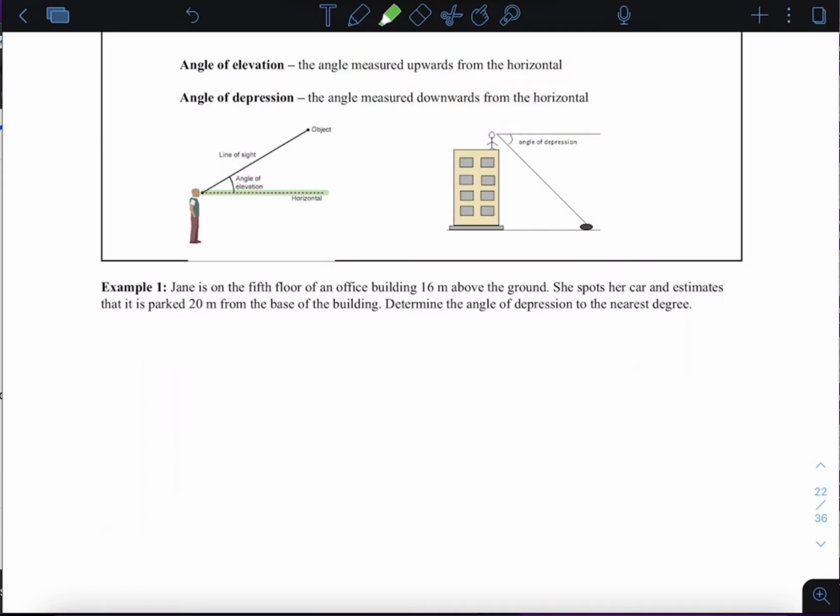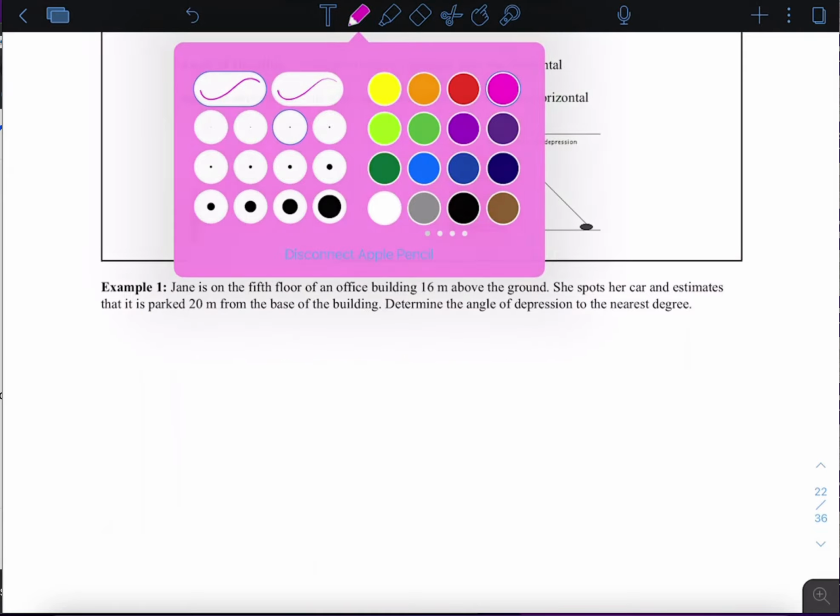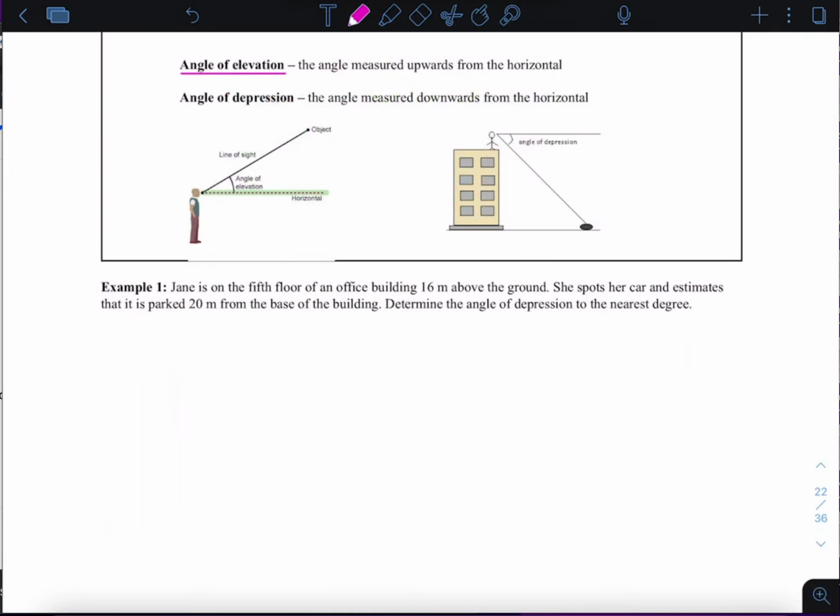Both the angle of elevation and the angle of depression are measured with respect to a horizontal. So the way I want us to think about it is the following. If I'm thinking about an angle of elevation, okay, it's the angle upwards from the horizontal, okay? So I want you to think about how much your chin goes up or your nose goes up when you look at an object, and all of this is with respect to a horizontal line, okay?